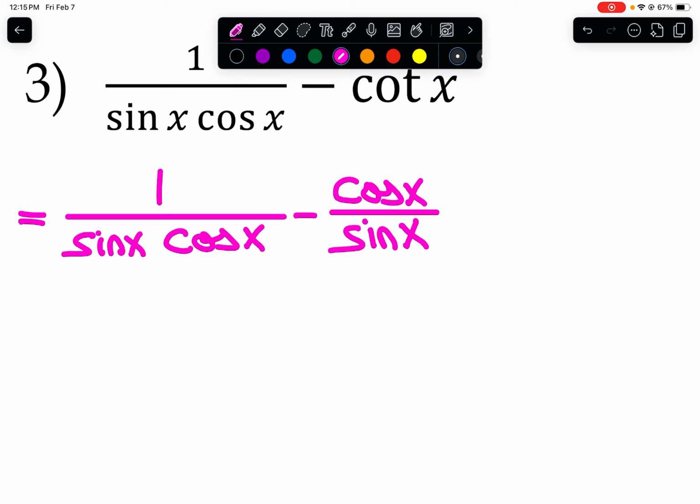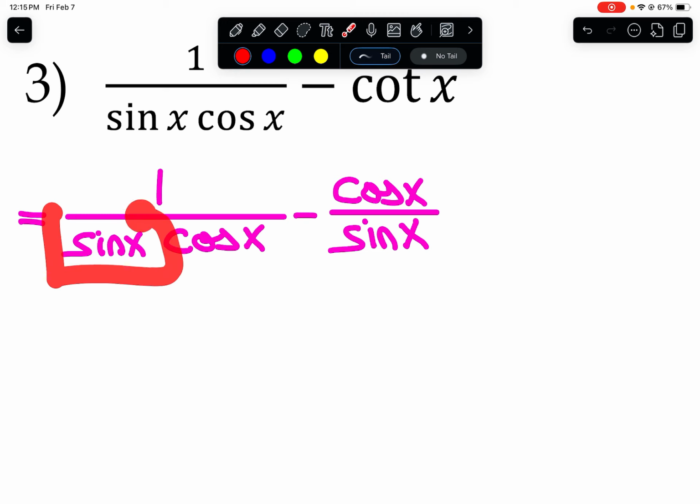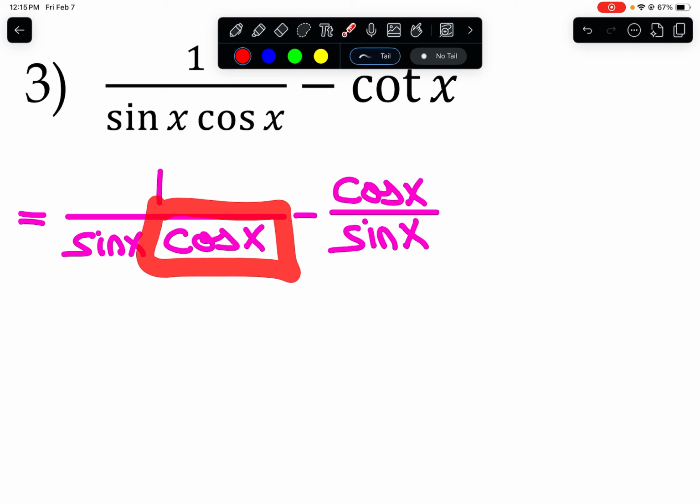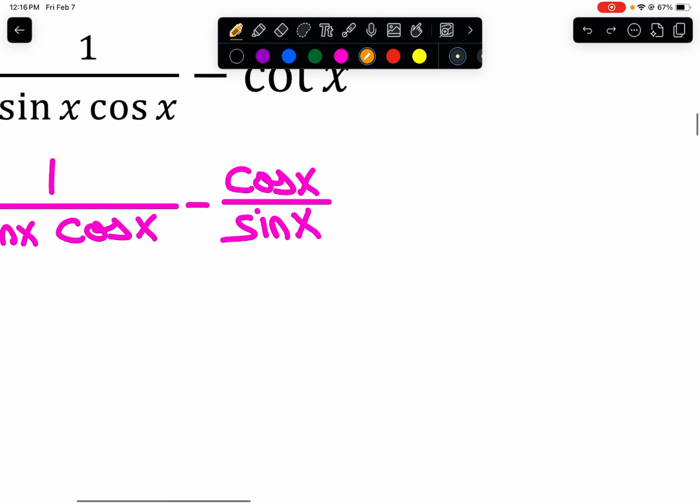Now I need to get a common denominator so I can actually combine these fractions. You notice that both fractions have sine in the denominator already, but on the left we have cosine x. So that means I need to have cosine x over here on this side. So I'm going to multiply by a funky form of 1. I'm going to multiply this right term by cosine x over cosine x.